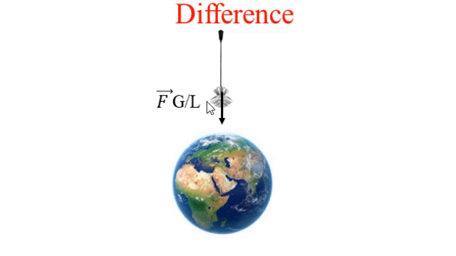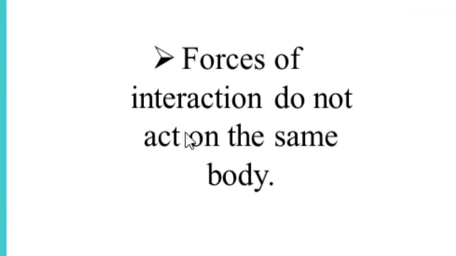So here we have a force exerted by gravity on the lamp, and at the same time the lamp exerts a force on the gravity. The same note concerning the receiver right here. So as a conclusion, we can say that in interaction, the forces of interaction don't act on the same body.